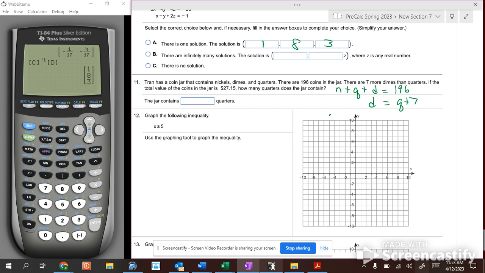So 5 cents for every nickel plus 25 cents for every quarter plus 10 cents for every dime equals 27.15. So if we just move the quarter to the other side on this one, negative Q plus D, okay, we can just do them in a matrix.